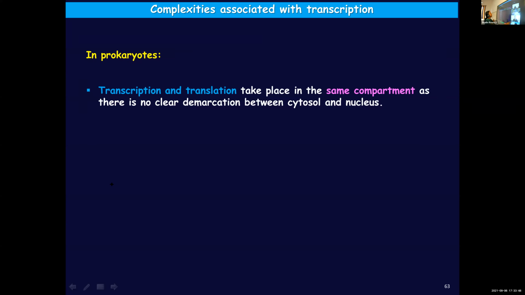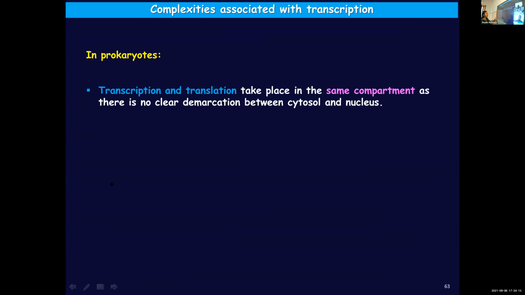Okay. And hence both these processes will be taking place in the same compartment, whereas in eukaryotes there is a difference. Translation takes place in the cytoplasm and transcription takes place in the nucleus.